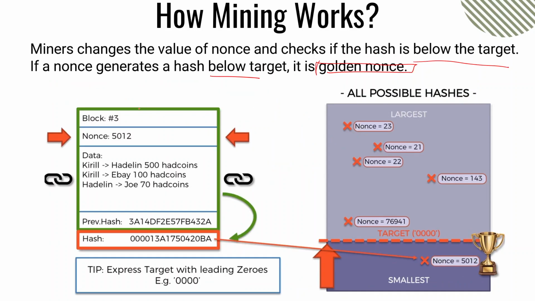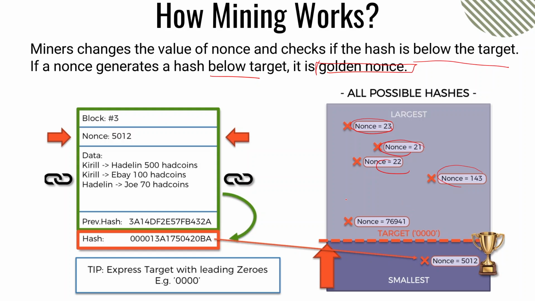So we can see that there is a block, and this block has data, previous hash, and a hash. So what a miner will do is check different nonce values like 23, 21, 22, 143, 76941, and for the nonce value of 5012, he will generate this hash value, and it will be under the target value.